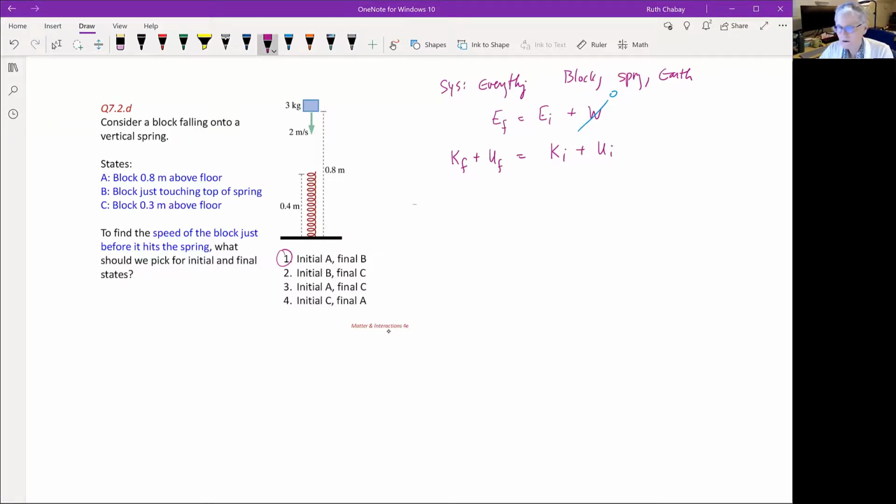Now we have to be a little careful about what kinds of potential energy we have in this equation. The thing that has the kinetic energy is the block, and it's moving already with some speed. So this is K final of the block. And now the potential energy, well, we have some gravitational potential energy in here.